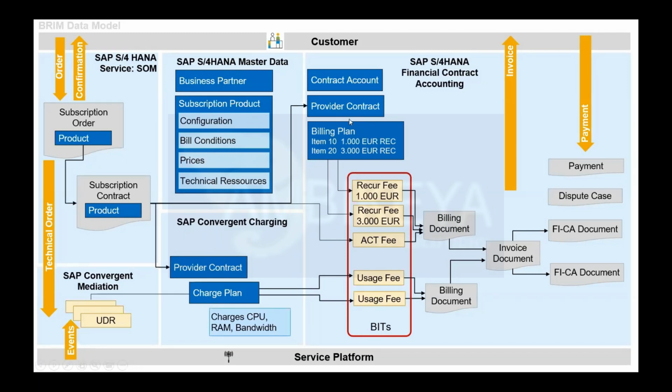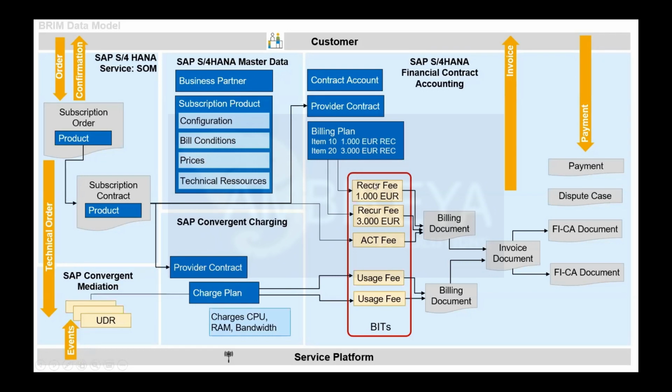We have the two options to have the billing plan, either in Convergent Invoicing. We then create the monthly subscription fees in the exercise, which creates billable items with the price depending on the service level.